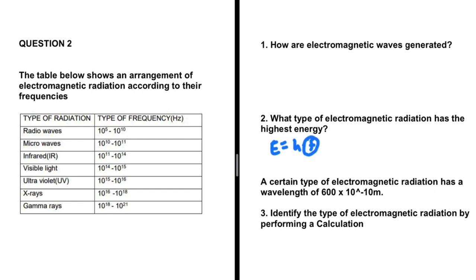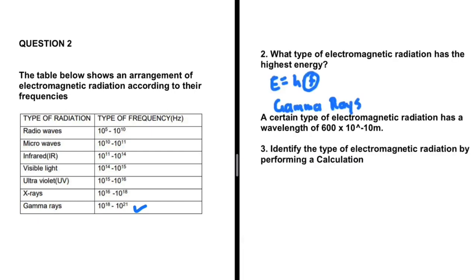So it's just a matter of going to the table and seeing which type of radiation has the highest frequency. And clearly it is gamma rays. Gamma rays have the highest frequency, with 10 to the power 18 to 10 to the power 21 hertz. So there we go. The answer to our second question is gamma rays.